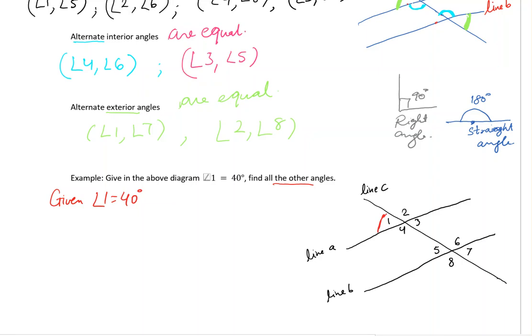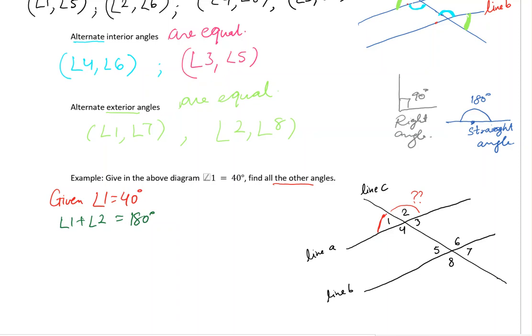So what can we say about angle 2? You can easily see that angle 1 and angle 2 are on a straight line. So since angle 1 plus angle 2 are on a straight line, the sum should be 180 degrees.